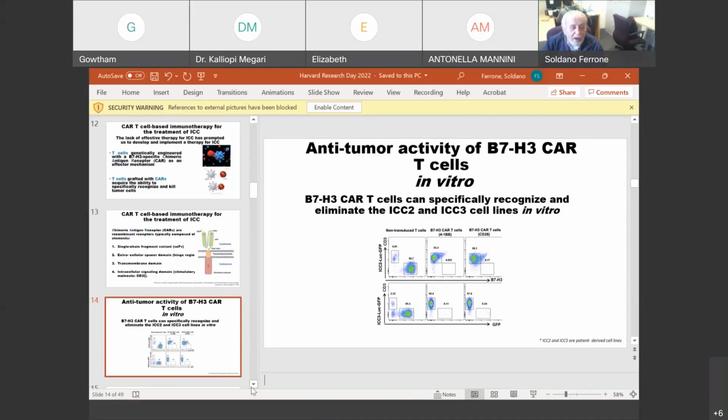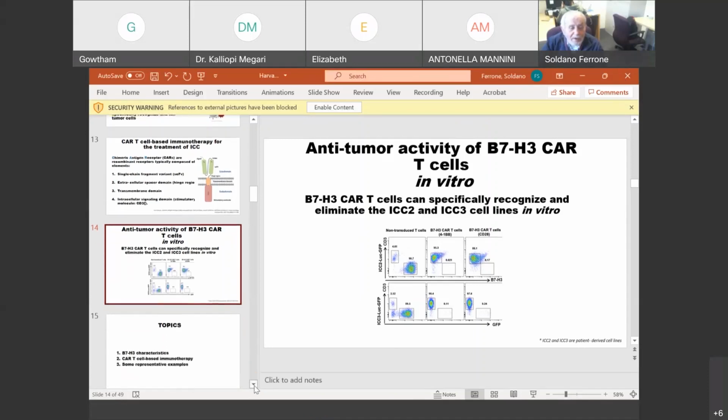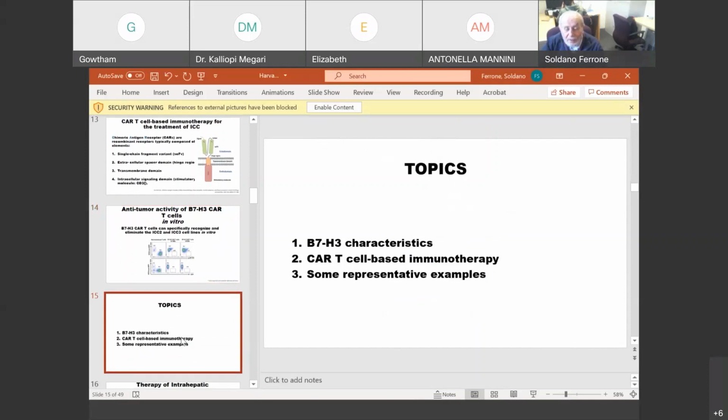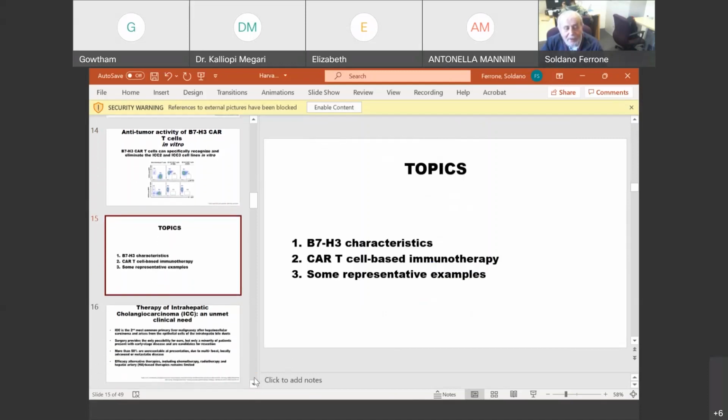Now, let me move to the third part of my presentation, in which I will describe to you some of the neoplastic diseases which are targeted with B7H3 CAR T cells. And the main work I want to show to you is that related to the targeting of intrahepatic cholangiocarcinoma.